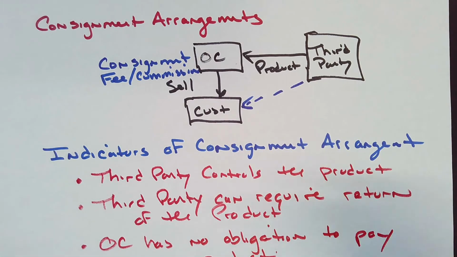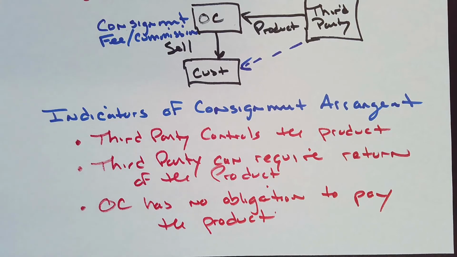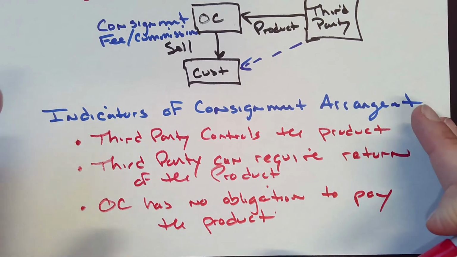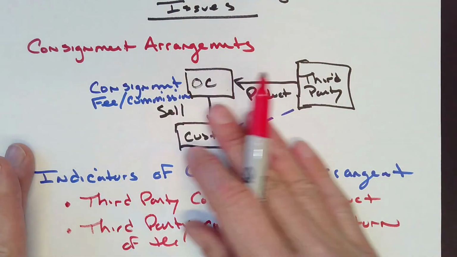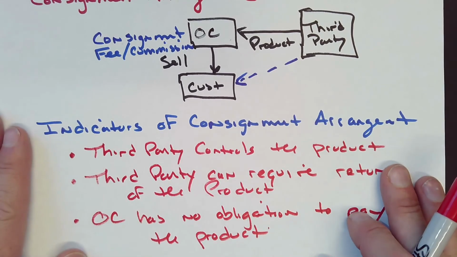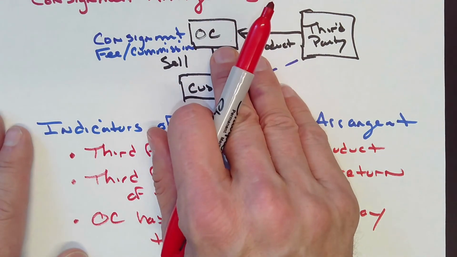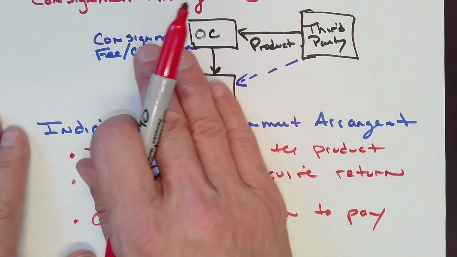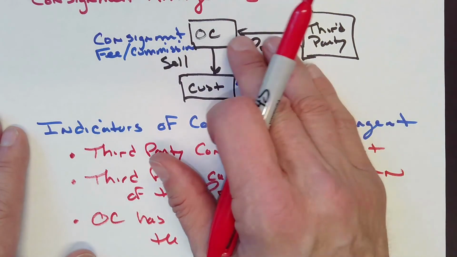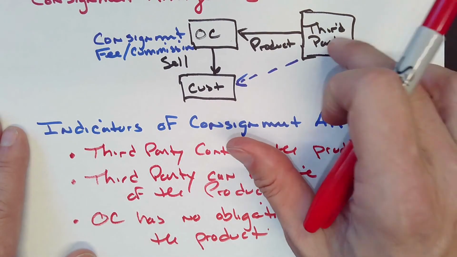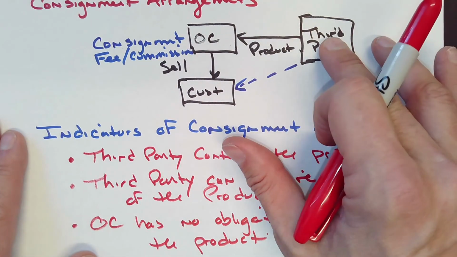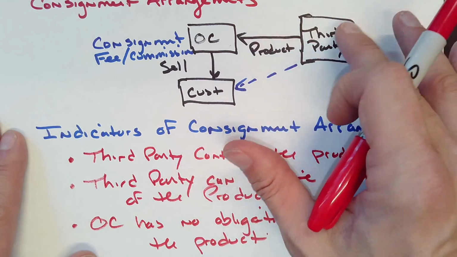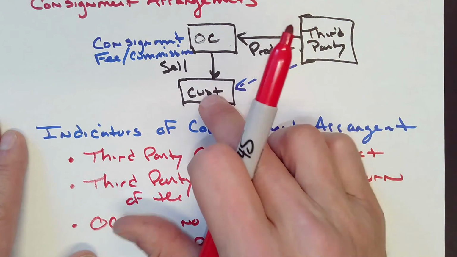Any one of these would suggest that it's a consignment arrangement. If you have multiple of these happening, it would clearly indicate that it's a consignment arrangement. So you just have to look at how this arrangement is set up. For our company, the only revenue we would recognize is the consignment fee or the commission when it sells. The third party can't recognize revenue on the sale of this product until it's actually delivered to this customer.